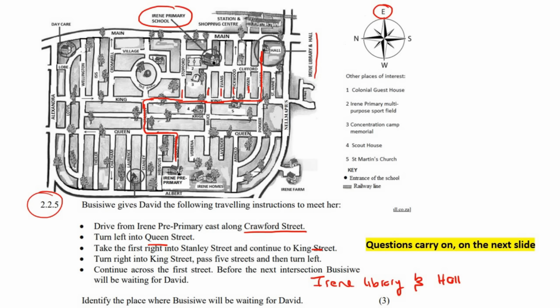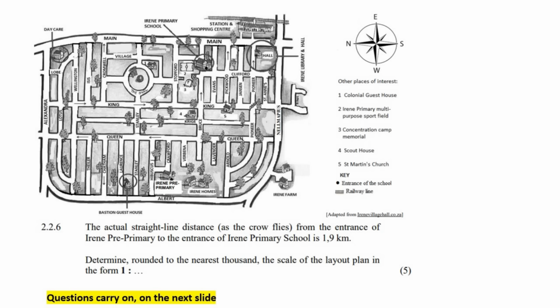Okay, so let's move on to the next question. This one says that the actual straight line distance as the crow flies from the entrance of Irene Pre-Primary, so here's Irene Pre-Primary, to the entrance of Irene Primary School, which I saw earlier is over here.